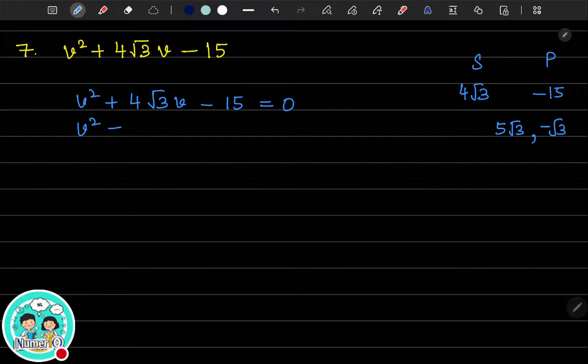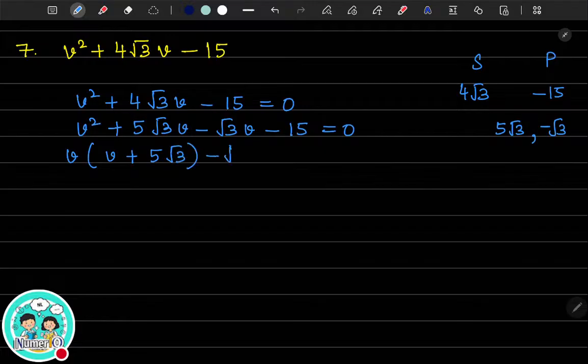So v square plus 5 root 3v minus root 3v minus 15 equal to 0. So this is what you do when you do the middle term splitting. Take v common out. So v plus 5 root 3. Again minus, take root 3 common out. V plus 5 root 3 equal to 0.